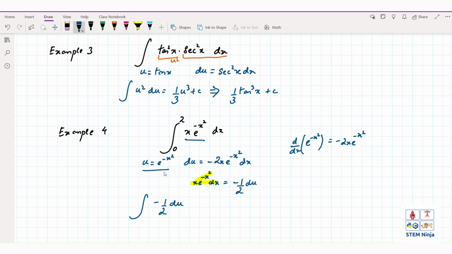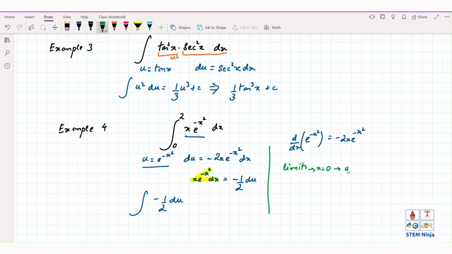Since we took u as this, we need to change the limits also. So for the limits, when x is equal to 0, u is equal to e raised to power minus 0, so basically 1. And when x is equal to 2, u is equal to e raised to power minus 4, because 2 squared is 4. So from 1 to e raised to power minus 4.